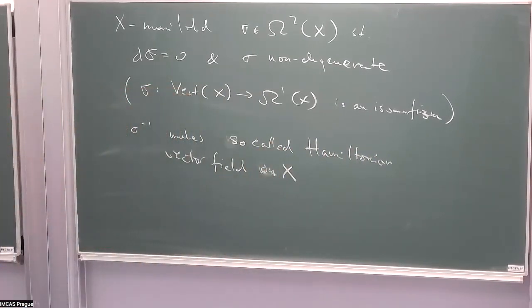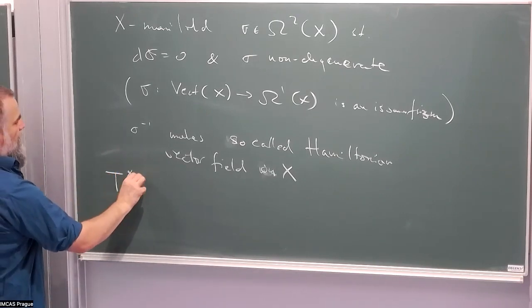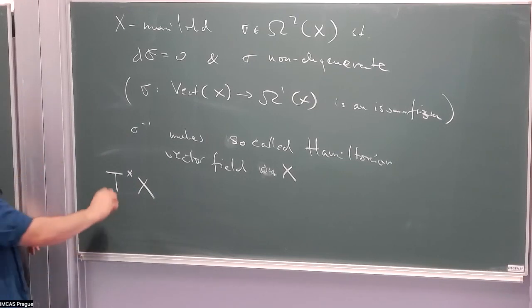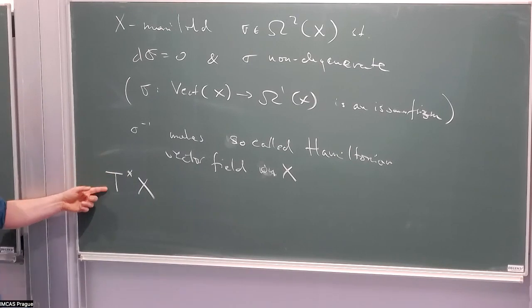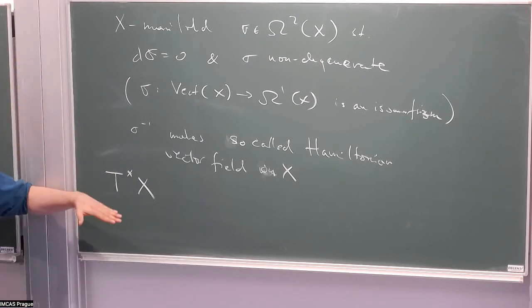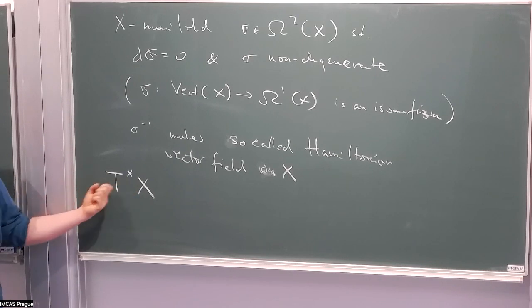And the motivation comes from classical mechanics. In classical mechanics, you consider a cotangent bundle to X, and there is a canonical one-form which is easy to describe. You take a vector tangent to this thing, you project it onto the base, you get a vector tangent to X, and then you pair it with the point where you are.